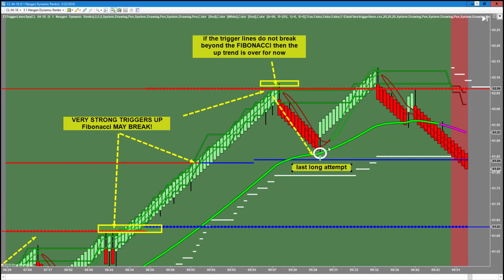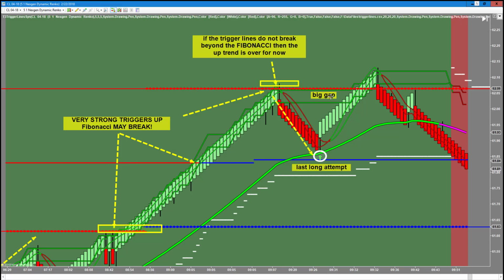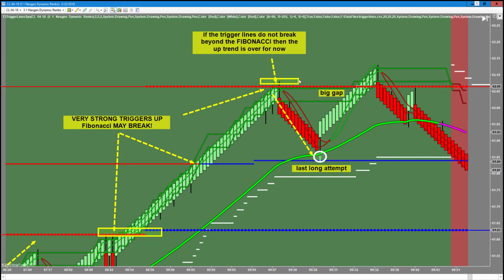And again, this is one of those big gaps back to the synthetic triggers, right? So again, you'll start recognizing these as time progresses. Now, I want to introduce another concept that happens a lot at Fibonacci areas. It's what we call a pivot stop out.